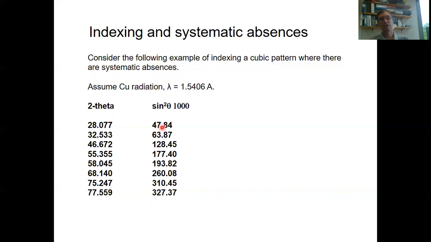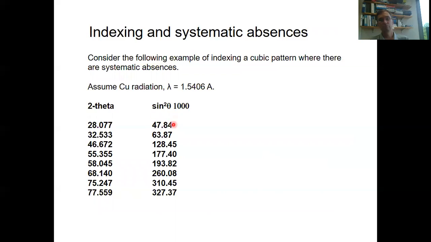So now in the previous examples from last class, we said that the first peak would be associated with the 1, 0, 0 plane. Therefore, 1 squared plus 0 squared plus 0 squared would be 1. So our integer number would be 1.